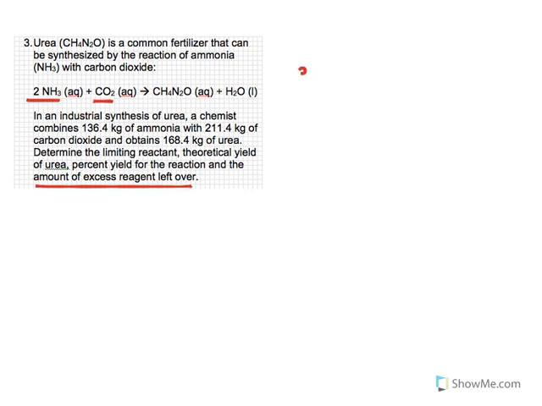So our CO2 to NH3 ratio, or the ratio of reactants, is basically 1 to 2, because 1 mole of carbon dioxide reacts with 2 moles of ammonia to give 1 mole of urea. Now, if we multiply this ratio with the moles of the limiting reactant, which is basically ammonia, this will tell us how much CO2 will be used up with ammonia.